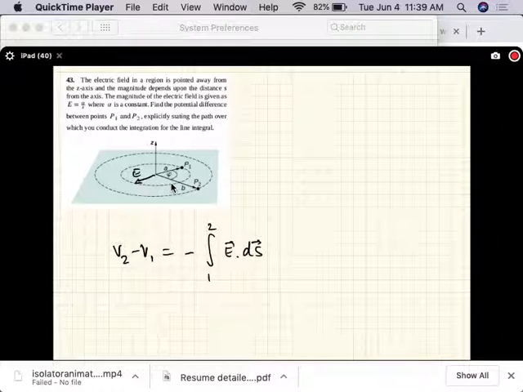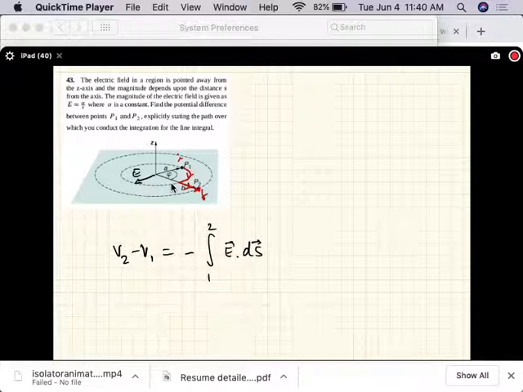And so we will choose the path like so. We are going from 1 to 2, so we'll go from there. This will be our initial point, this will be our final point. And you'll see in a second.